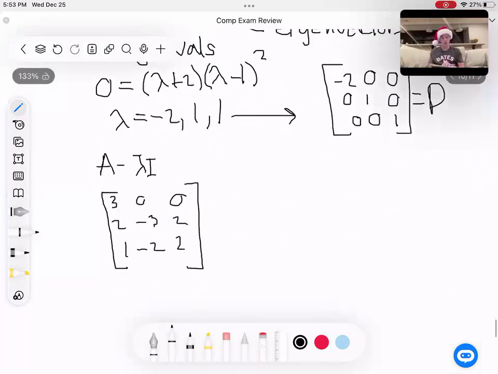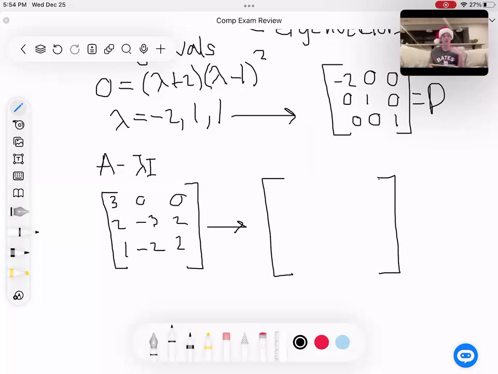To find a basis for the null space, all we need to do is row reduce. This is quite easy to do if you're familiar with Gaussian elimination, which I'm going to assume you are. If you're not comfortable with that, you can just search Gaussian elimination to find an easy video on it. What this is going to turn into is 3, 0, 0.